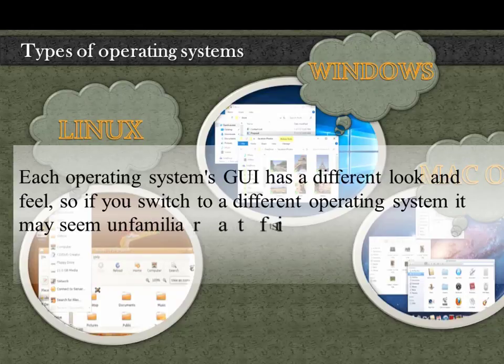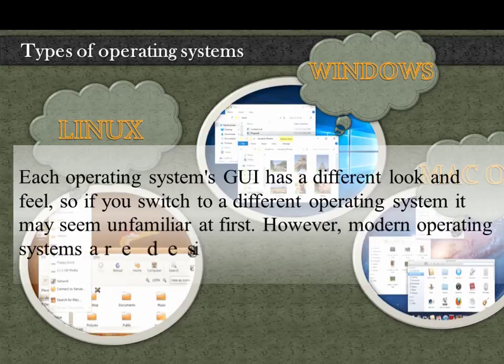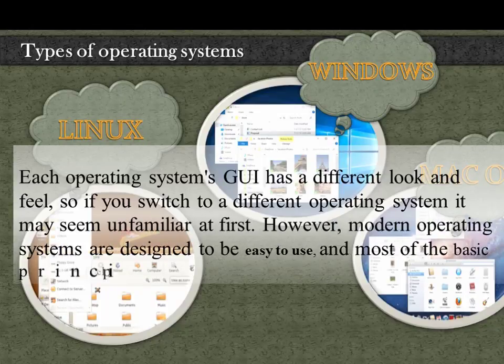Each operating system's UI has a different look and feel, as you can see in the background. If you switch to a different operating system, it may seem unfamiliar at first. However, modern operating systems are designed to be easy to use, and most of the basic principles are the same.